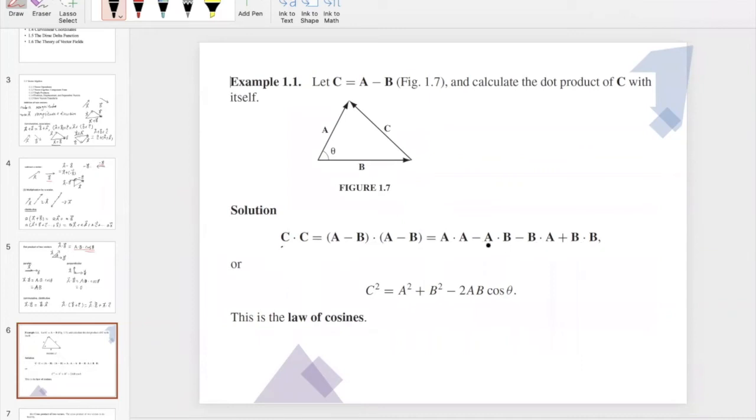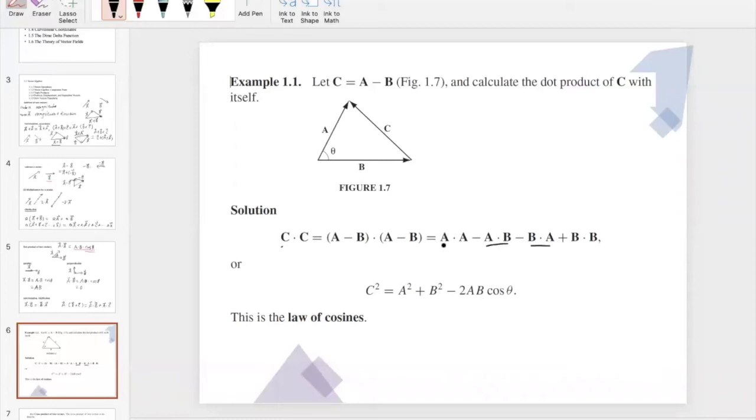So A dot product B and B dot product A are the same, due to the commutative feature of the dot product for two vectors. So finally you will get AB cosine theta, and you subtract AB cosine theta twice. Finally you will get this.